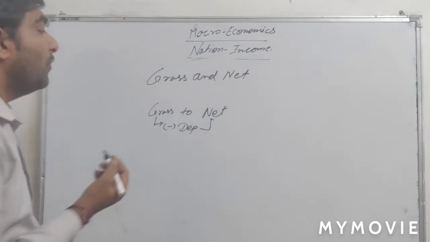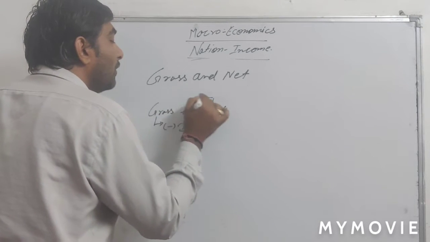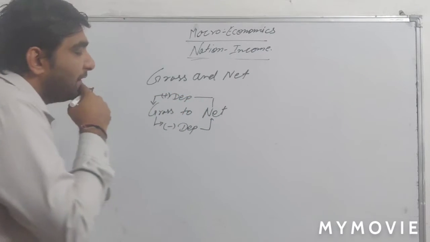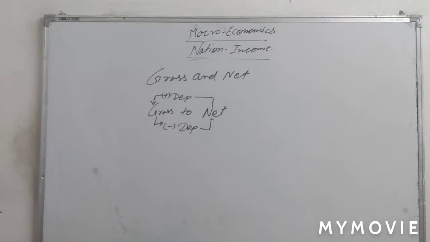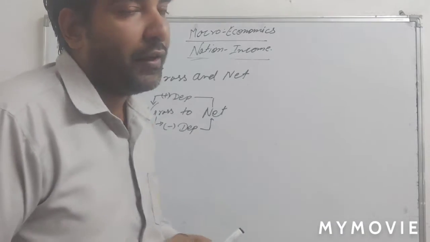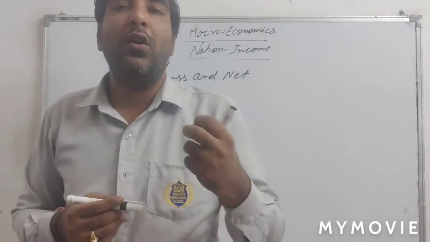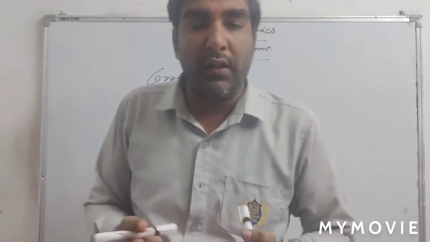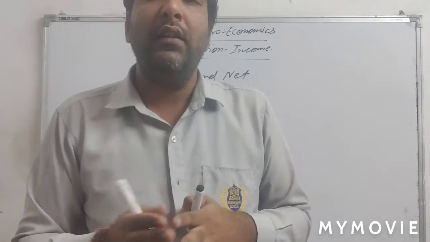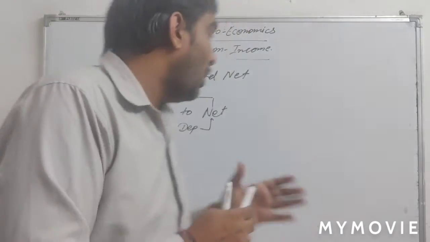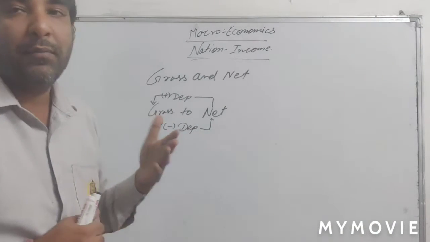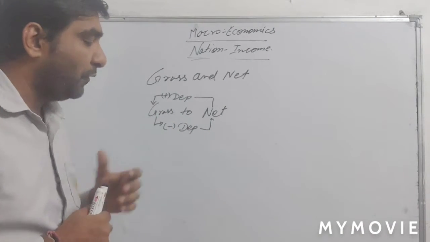If we want to move from net to gross, we add depreciation. So that is the second conversion. What is the meaning of depreciation? Depreciation is the cost that reduces the value of fixed assets and other forms of assets. We usually calculate in net form, and sometimes in gross form.